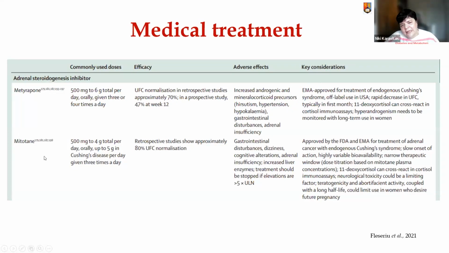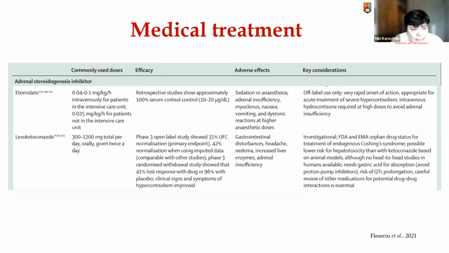Mitotane is used mainly in adrenal cancer, so we will not go with this treatment in Cushing's disease. And we have etomidate, the drug which is used in anesthesia. It can reduce the cortisol. In retrospective studies, we have approximately 100% serum cortisol control.